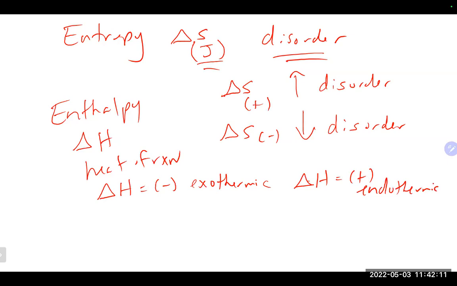And as we talked about at the beginning of this chapter, although exothermic reactions do favor spontaneity, it doesn't necessarily guarantee it, as we saw some examples of endothermic reactions that are also spontaneous.